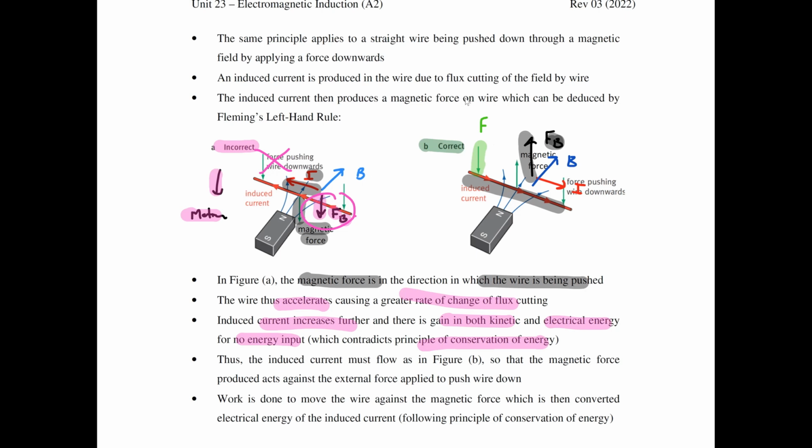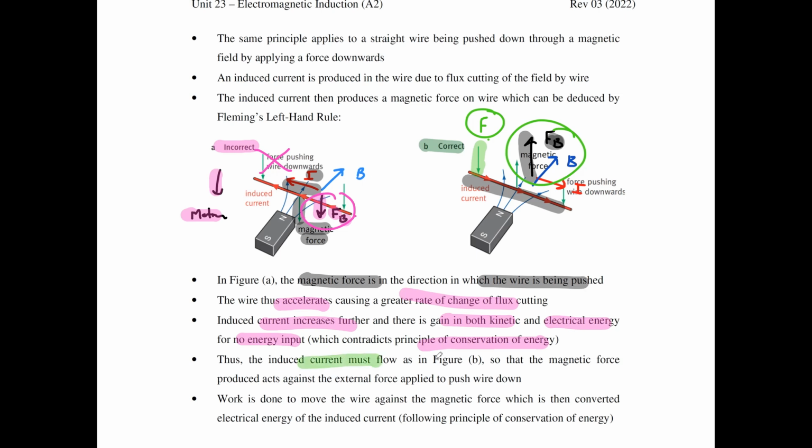If you have to purposely apply a force to overcome this magnetic force so that you can push the wire down and cut magnetic flux, this means that you have done work, and that work must have been converted into the electrical energy or your induced current. So according to conservation of energy, this one is again the correct direction.